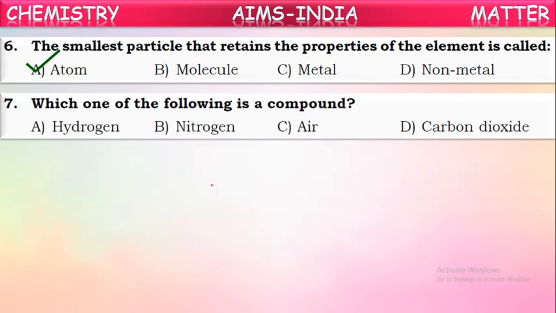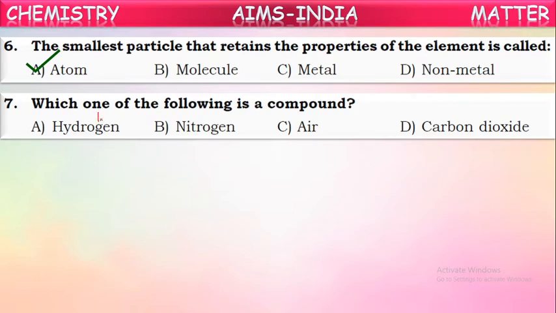Which one of the following is a compound? See, which is a compound among these? How to say whether it is a compound or an element? If the substance is made up of only one kind of atoms, then it is called an element. If it is made up of more than one kind of atoms, then it is a molecule of a compound.